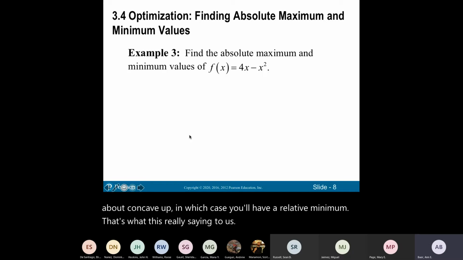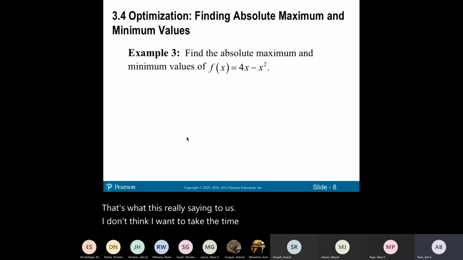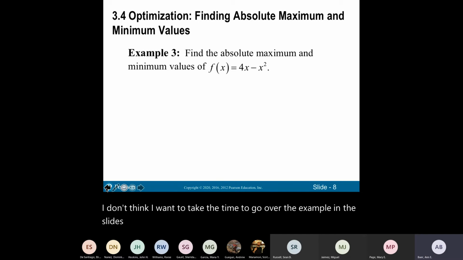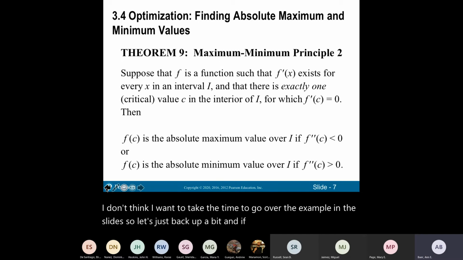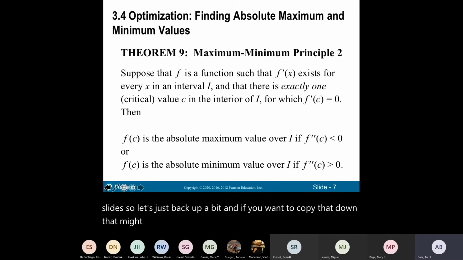I don't think I want to take the time to go over the example in the slides. So let's just back up a bit, and if you want to copy that down, that might be helpful, definitely. Especially this exactly one.